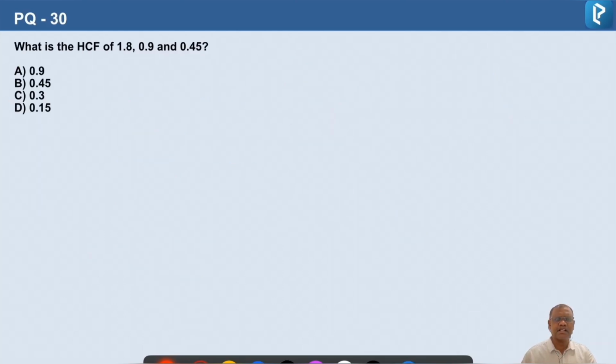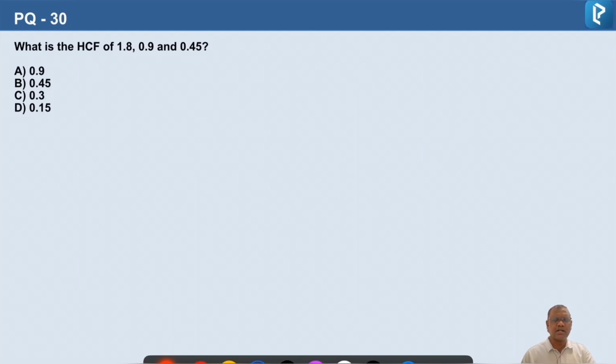Question number 30. What is the HCF of 1.8, 0.9, 0.45? Decimals are given here. Whenever you have decimals, we have to convert them into whole numbers, by multiplying with multiples of 10.